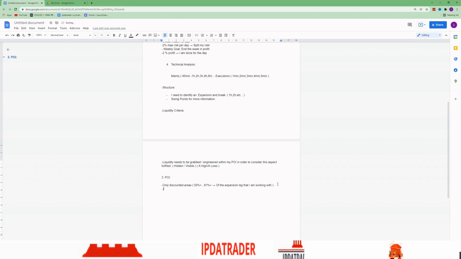I am avoiding liquidity POIs. That means Asia highs, Asia lows, POIs, right? Because these liquidity pools can also be part of POIs, and generally speaking, you want to be avoiding those. Let's say POIs that are sitting at double tops, double bottoms, right?